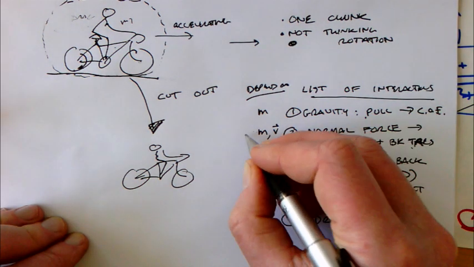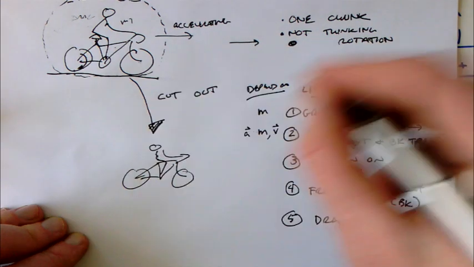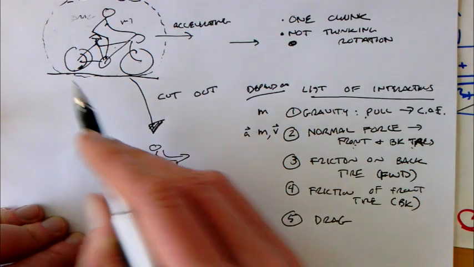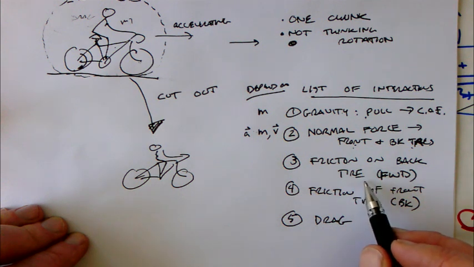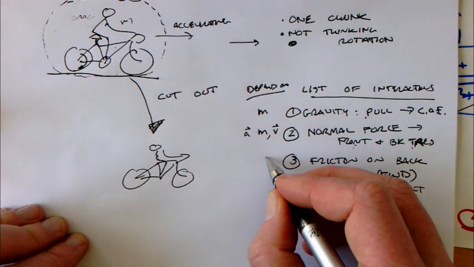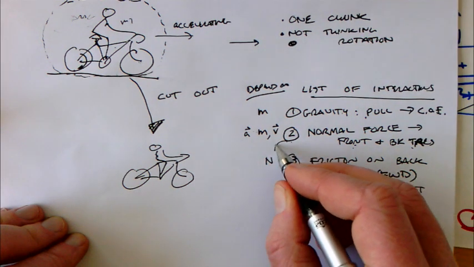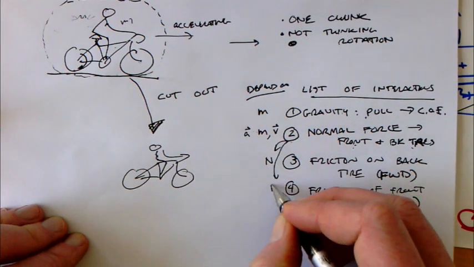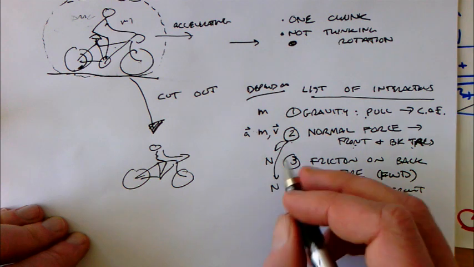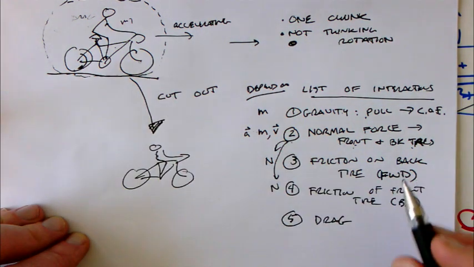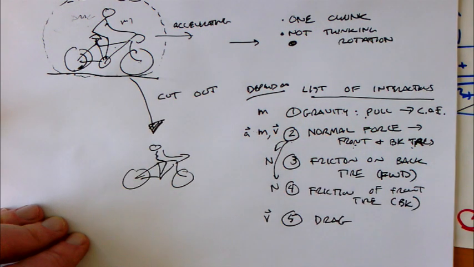So if the rider is accelerating vertically, like going through a curve, going up a hill or down or over the crest of a hill, the frictional force on the back tire and on the front tire are going to depend on what the normal force is, right? So these things will affect that, but also are going to depend on how hard the rider is torquing the wheels, or conversely how much the bike is accelerating, and the drag will depend on what the velocity of the rider is, right?